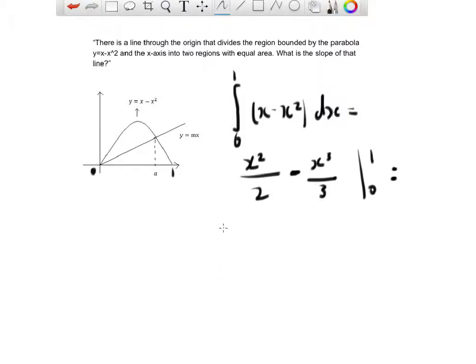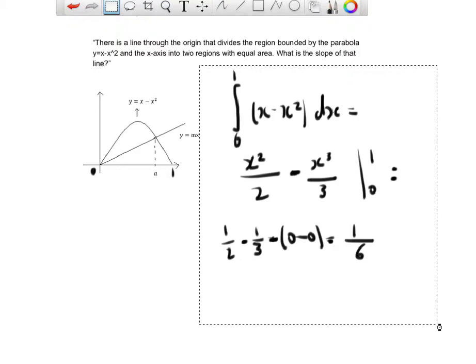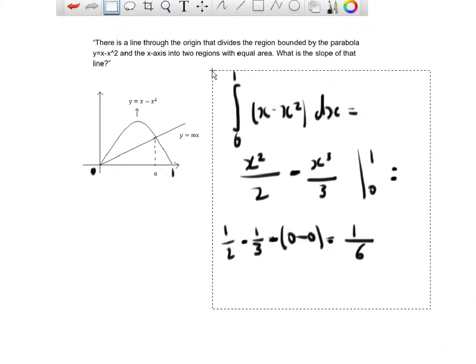And this, of course, equals 1/2 minus 1/3 minus 0 minus 0 equals 1/6.